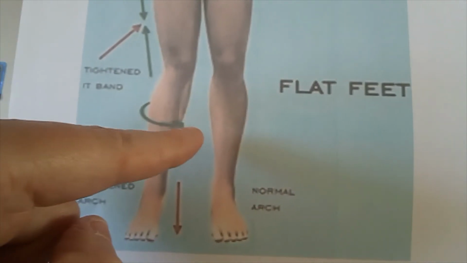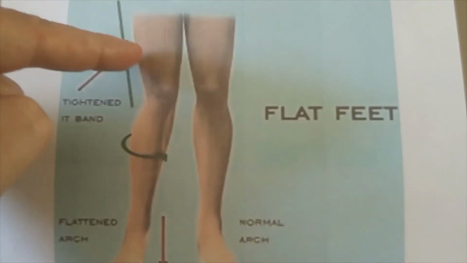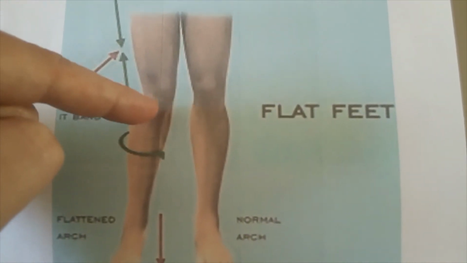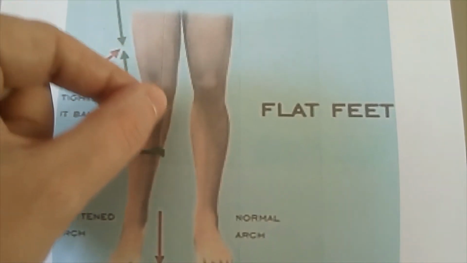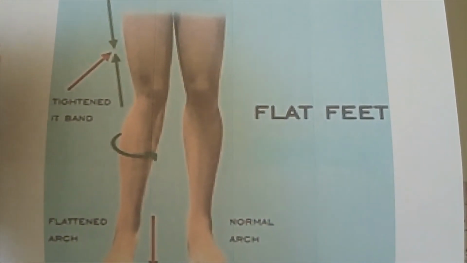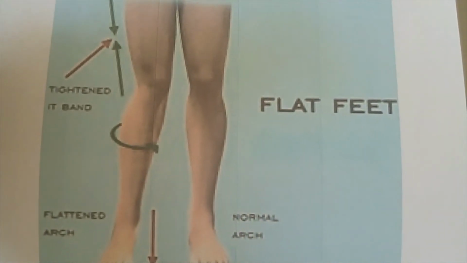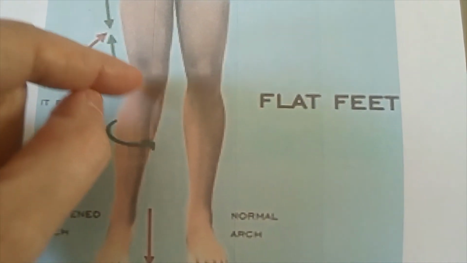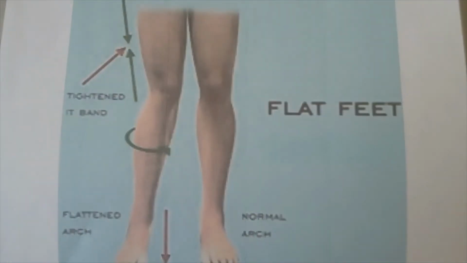Through this internal rotation, the IT band along the outer thigh, where it crosses the knee, gets pulled across the knee. So the IT band is tightened, and where it's tight along this outer knee, it's going to cause irritation.